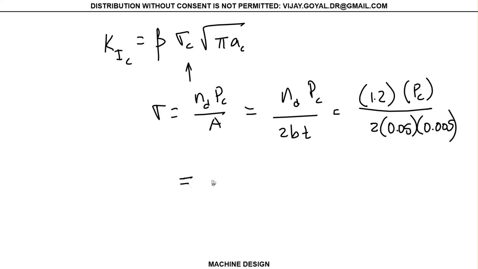So if you resolve this, this gives you 0.0024 PC. The units will be megapascals, the way we derived it.